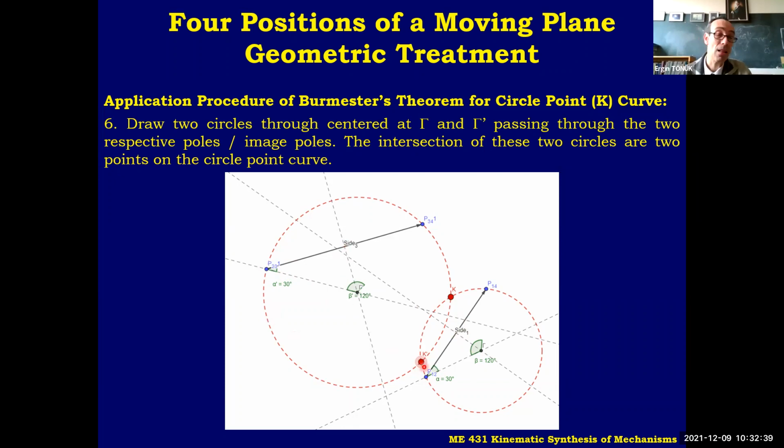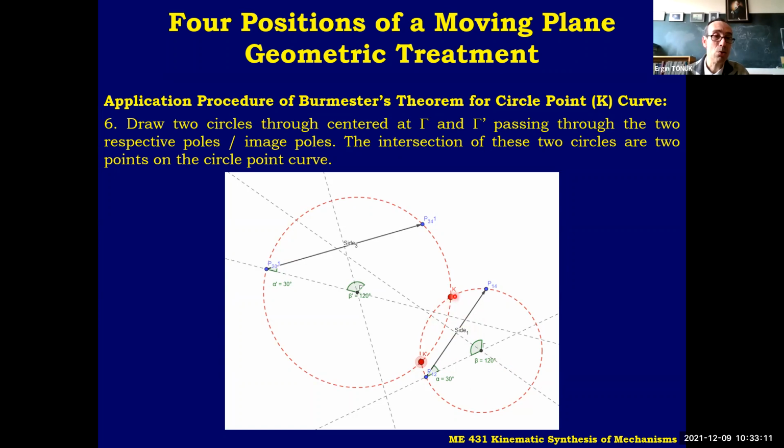In general, they may not intersect for some values of this angle. For example, if this angle increases, the circle size may decrease, and they may not intersect. That's not a problem. But in general, they intersect at 2 points.